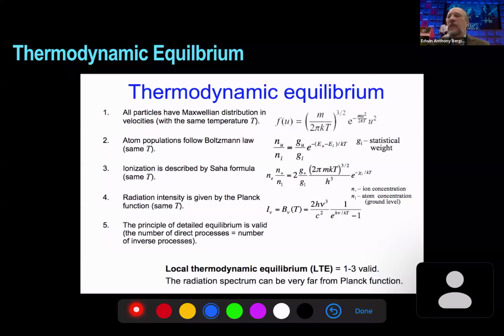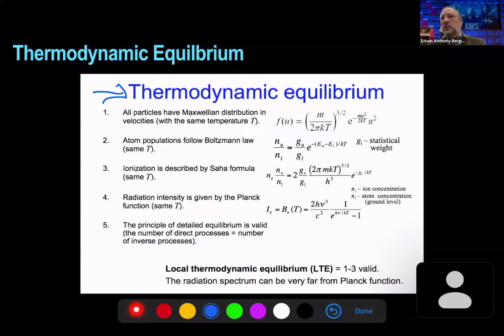Again, I don't expect anybody to process all these crazy equations, but they will forever be at your fingertips. What I want to focus on here is thermodynamic equilibrium. Much of molecular clouds are close to what we call local thermodynamic equilibrium. That is, the particles have a Maxwellian distribution in velocities at a given temperature.